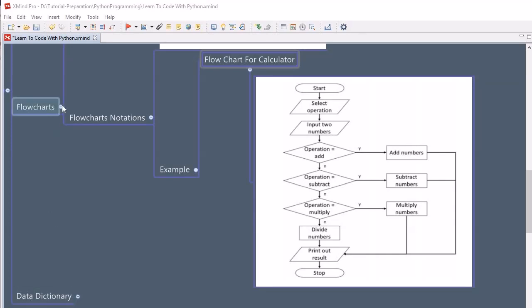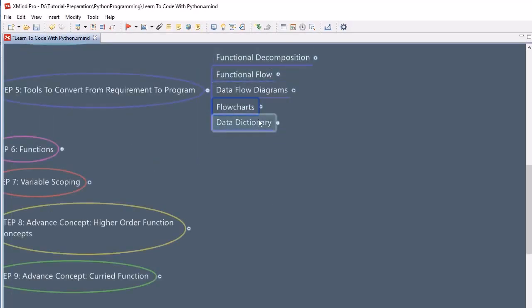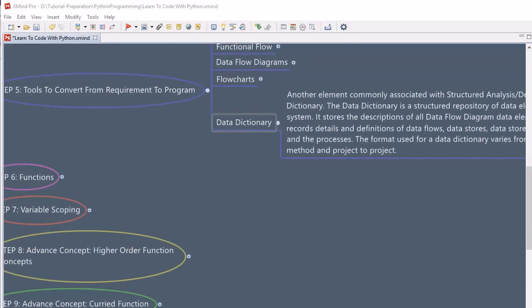Now moving further, let's look at another tool called the data dictionary. The data dictionary is another tool for structured analysis and design. It stores the description of all the data flow diagram data elements.